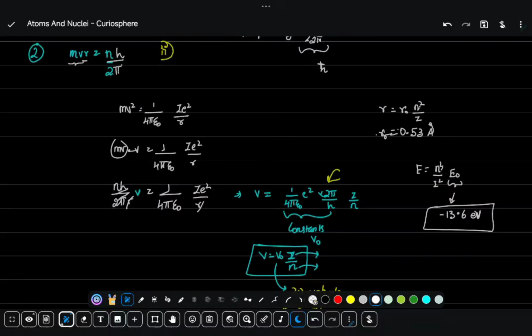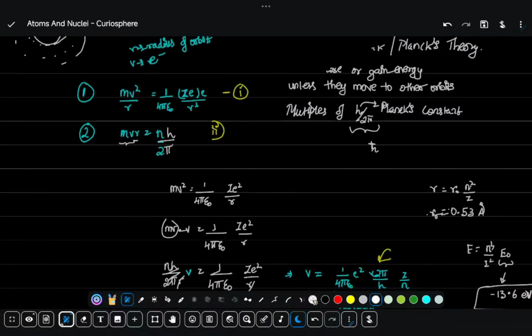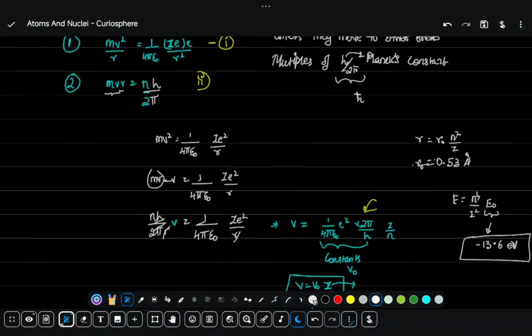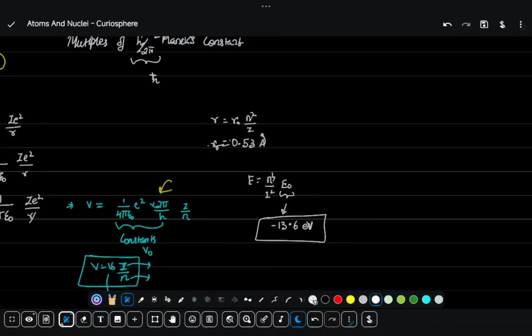Now this is all about Bohr's model. Still there's stuff in Bohr's model. We'll talk about the time period. Time period is nothing but the time period of revolution, which is distance traveled by velocity.